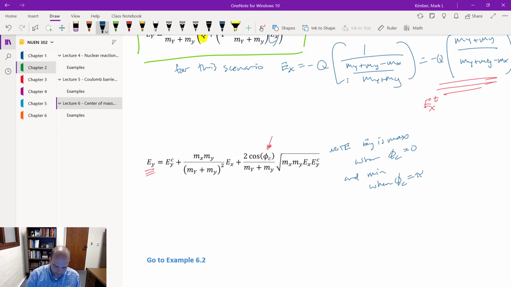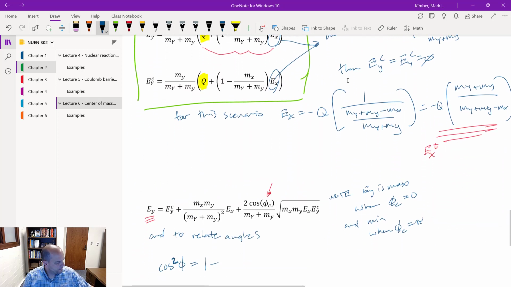And the last step is to relate our lab angles to our center of mass angles. To relate those angles, we're going to use the following expression, which we're not going to go through the full derivation of, but this is a simple geometric derivation, looking at this figure back here.